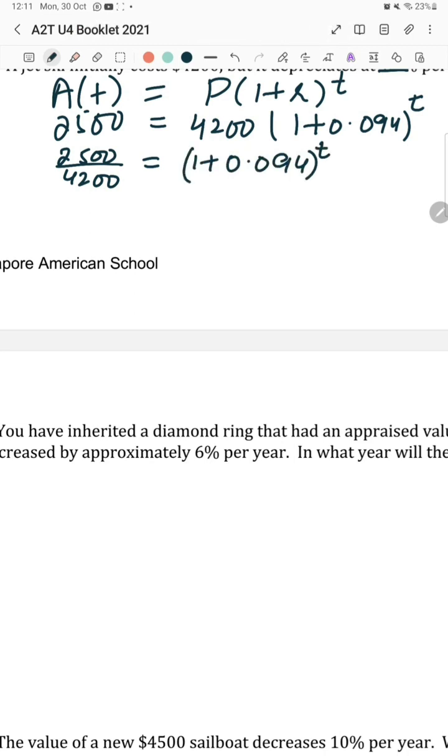So 2,500 divided by 4,200 is 0.595. 1 minus 0.094 is equal to 0.906. Okay, so log 0.595 is equal to minus 0.225.